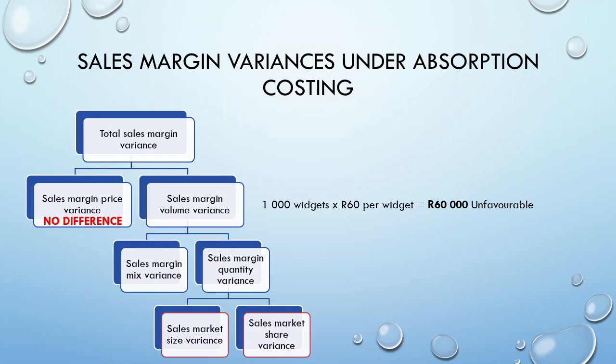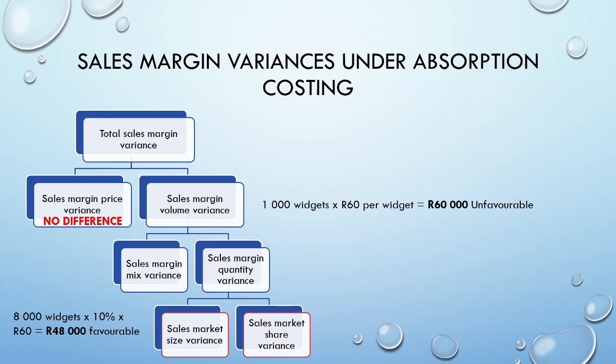So the next variances of interest are the market size and share variances. For the market size, we take the change in the total market size of 8,000 widgets and multiply by our share of 10% and then multiply by the gross profit margin of 60 Rand instead of the 100 Rand to get a favorable variance of 48,000 Rand.